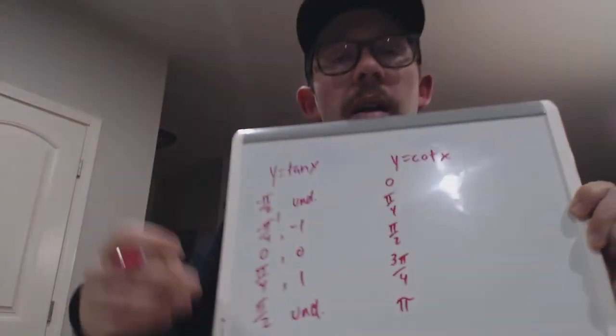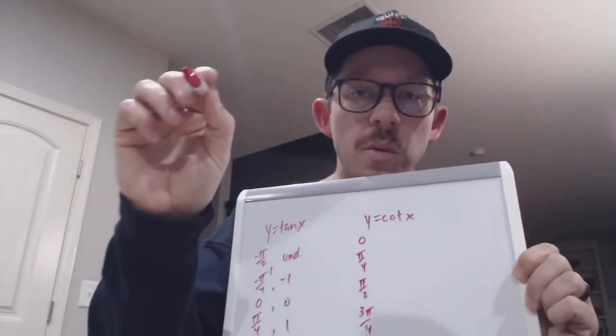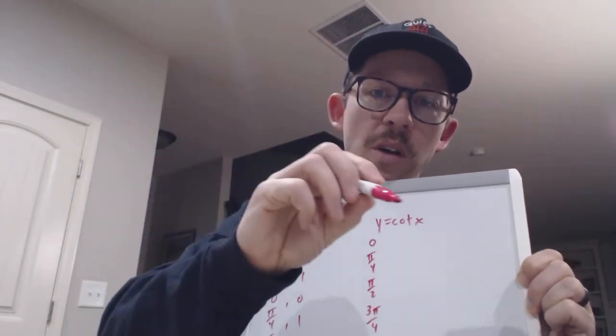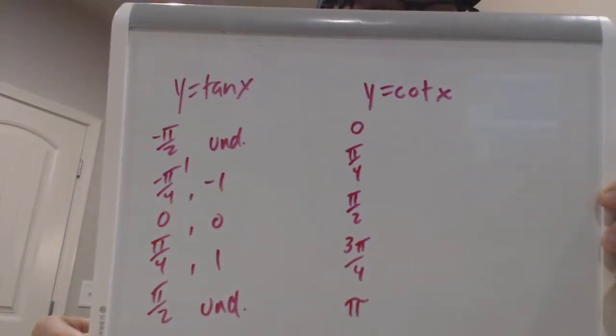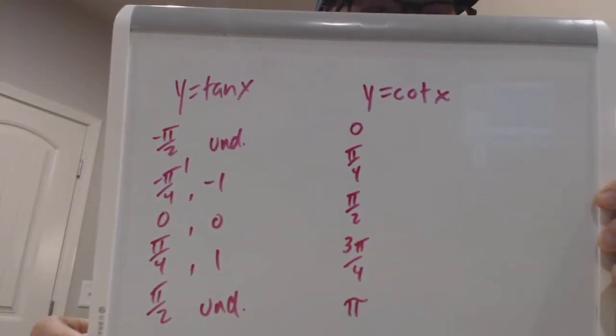Notice how I went on the top half of the circle, and I just went by pi over 4s. Look at these x values right here. Take a minute on your own paper, pause the video, and see if you can get the y values for these, and I'm going to write them down right here as you do that.